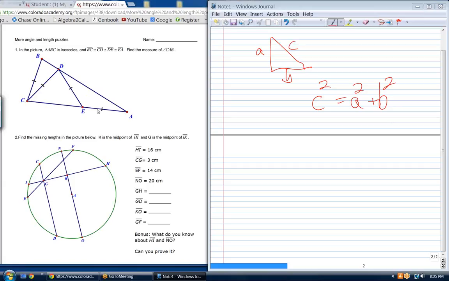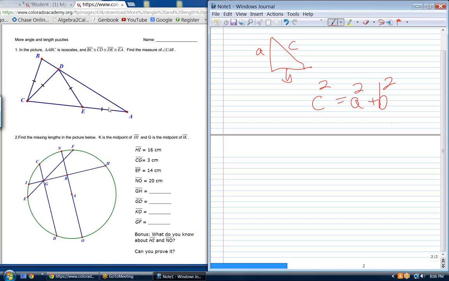Plus EA is equal to DE is equal to DC is equal to BC. So we know all of that. So we want to find the measure of angle CAB, this angle A, basically.